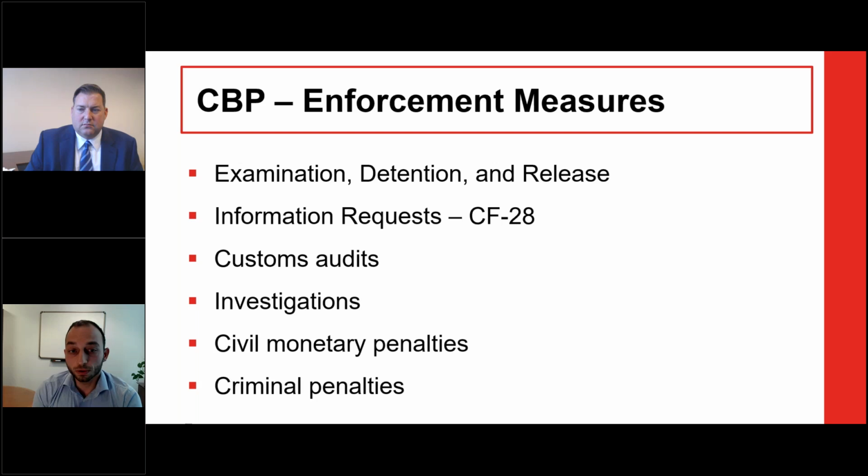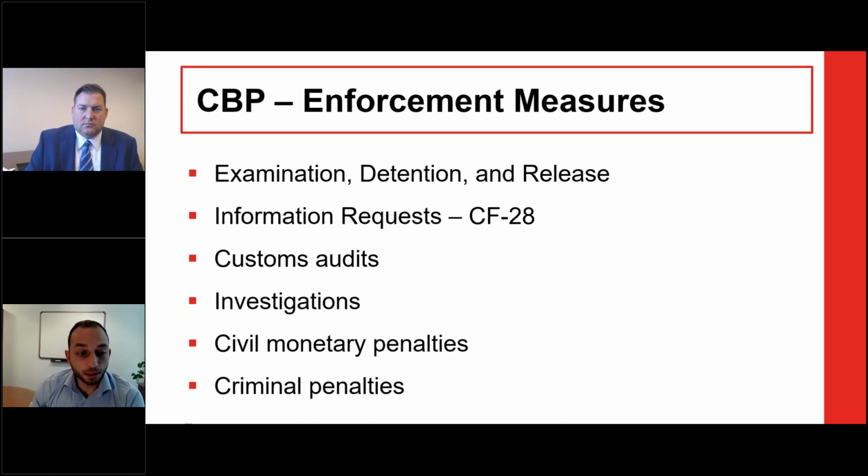Once they receive the goods, they have the authority to examine what is inside and whether that product is admissible into the United States, and if they have any issues or suspicions as to the admissibility of the product, they can detain it. This comes up really often these days with the UFLPA law and regulations that CBP started enforcing last year, and we expect that we'll see more in the near future.